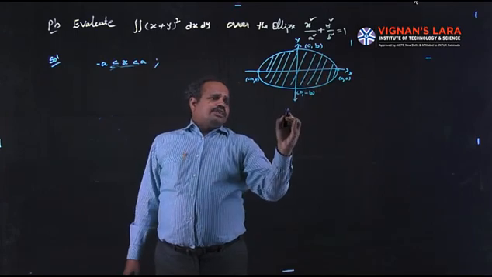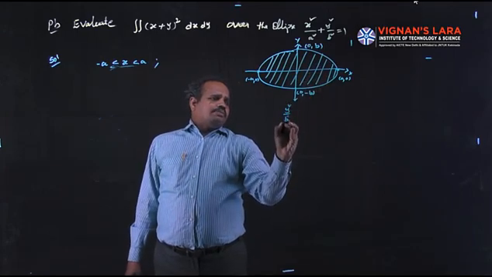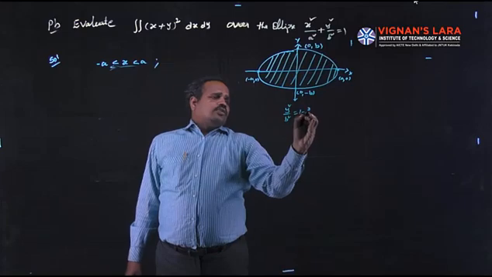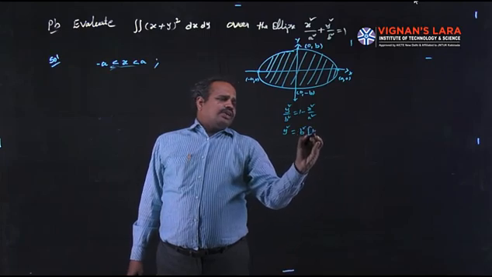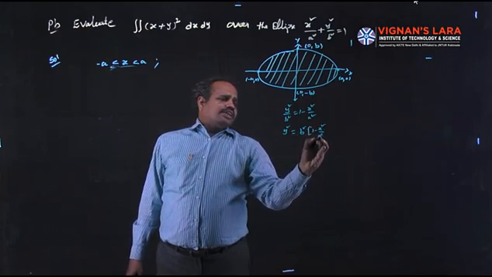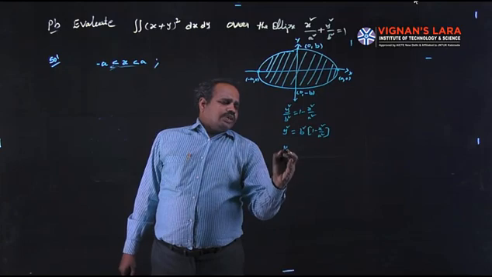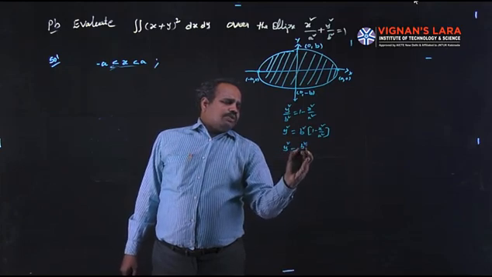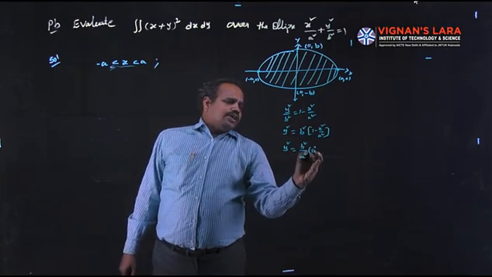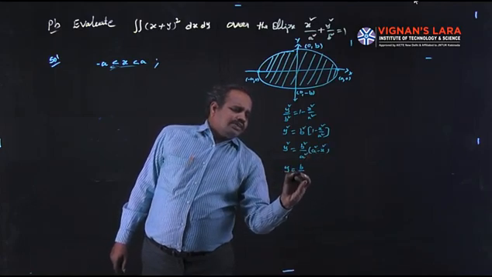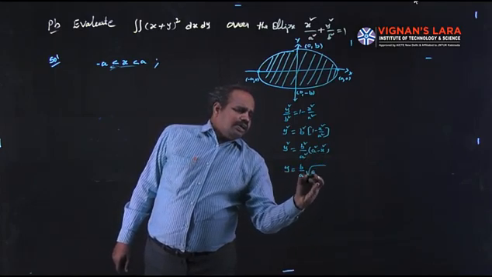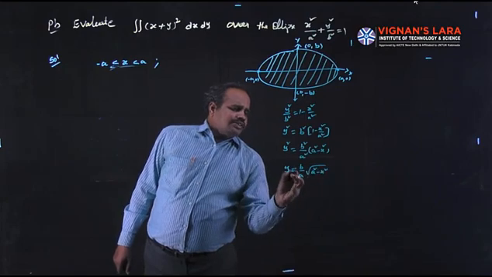From the ellipse equation, y square by b square is equal to 1 minus x square by a square, y square is equal to b square into 1 minus x square by a square, y square is equal to b square by a square into a square minus x square. From this, y is equal to plus or minus b by a under root of a square minus x square.